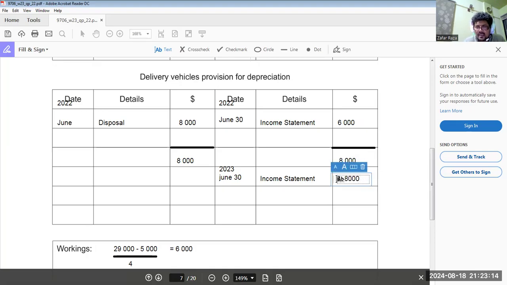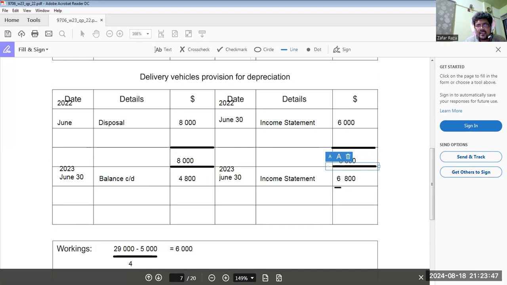But because that machine is sold, so the closing balance would be only 4,800 for the new machine. Okay, got it? 4,800. That 2,000 has been included in this 8,000 as disposal amount. I have written that here just to make you understand. Okay.